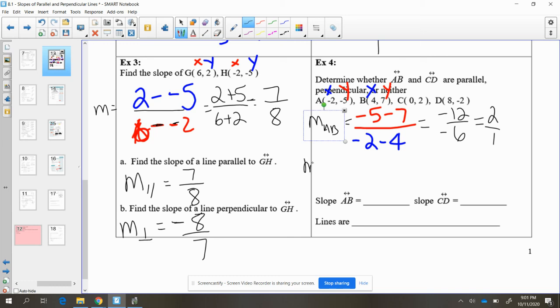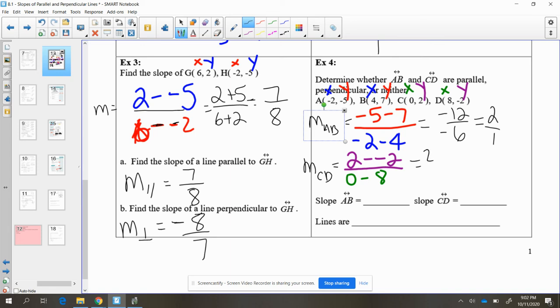Now, we also will need to find the slope of line CD to be able to see what's going on with C and D. So we have our two x's and our two y's. And if we subtract the two y values, 2 minus negative 2, subtract the two x values, 0 minus 8.